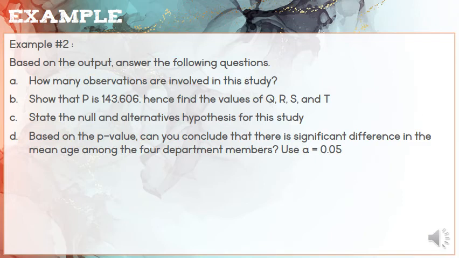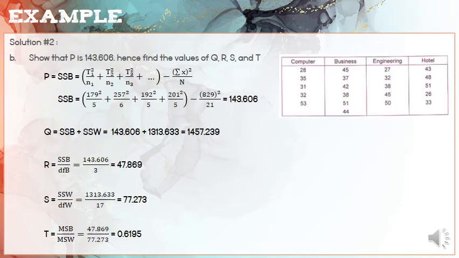Okay, by using alpha 0.05. Let's see how to answer. So, earlier in question A, how many observations? We have a total of 21 observations.